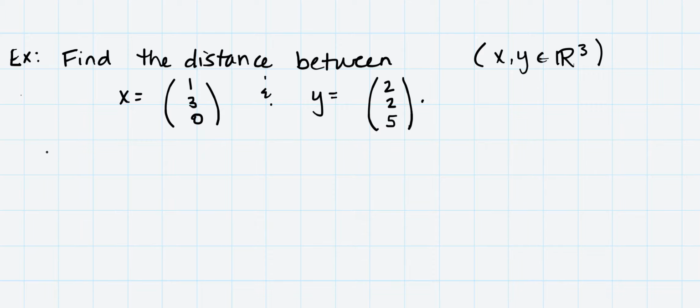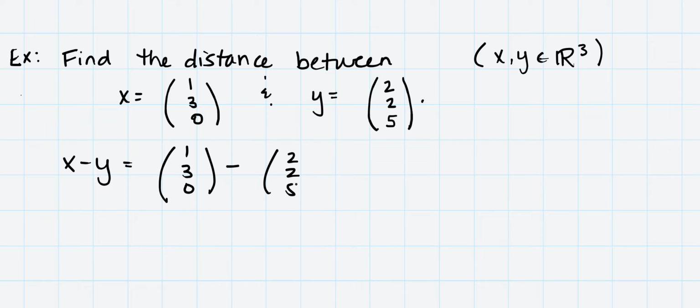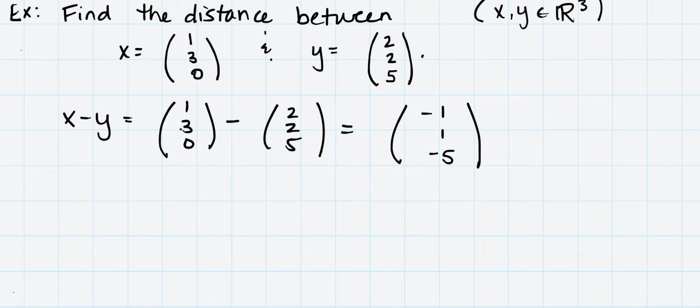Okay, so we're going to first figure out what x minus y is. So this is 1, 3, 0, subtract 2, 2, 5. 1 minus 2 is negative 1, 1, negative 5. Okay, now we're going to take the length, or the distance between x and y, which is the length of this vector.